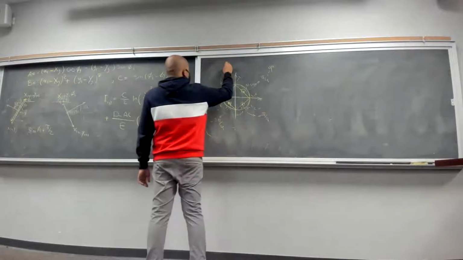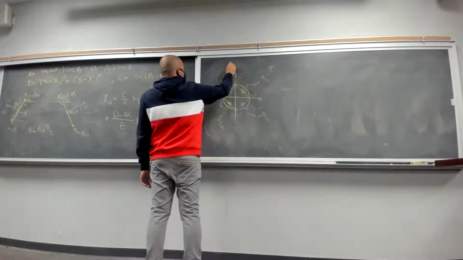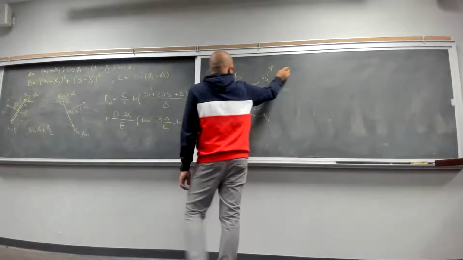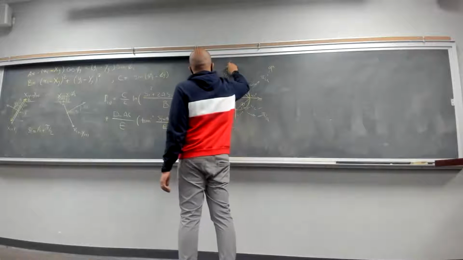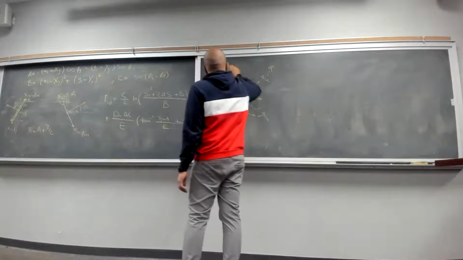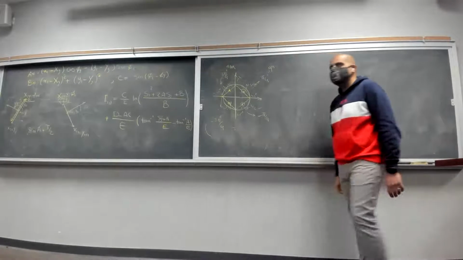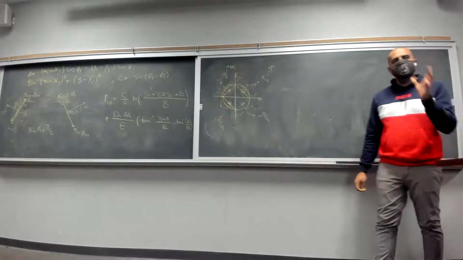For this one, 3 pi over 4 equals pi over 2 plus phi, so phi is positive pi over 4, right? And so on and so forth. So you find all of these angles.